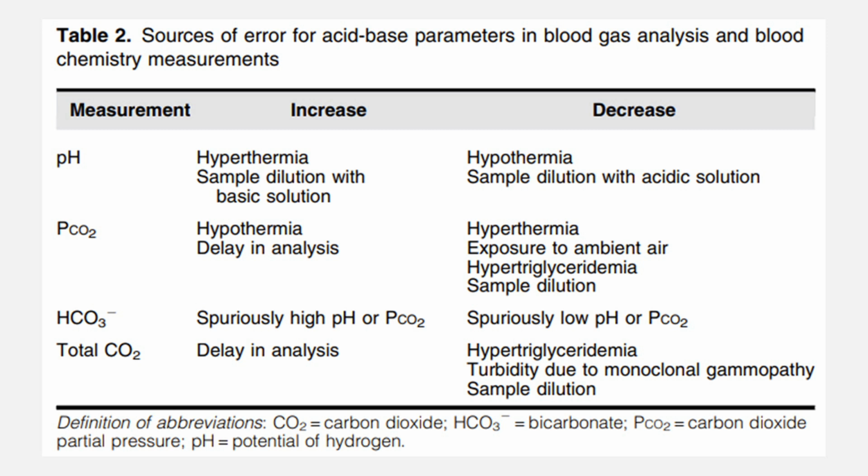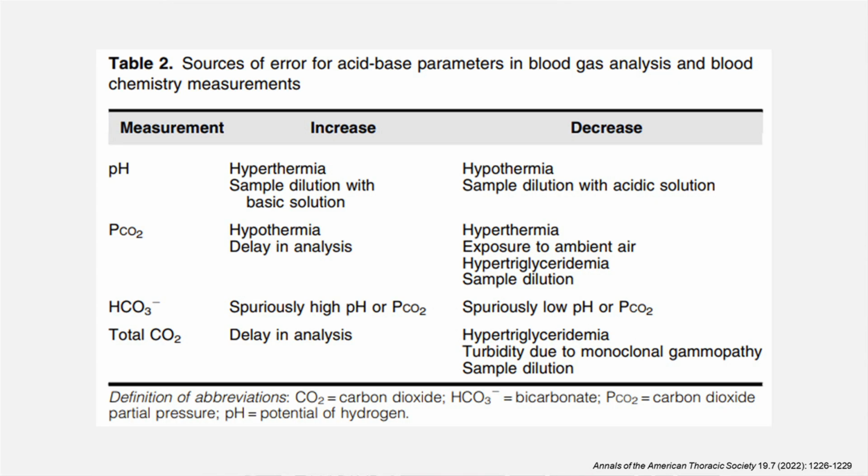And for bicarb, I'll get into this a little bit later too, but the other values, the pH and PCO2 being abnormal, can affect the bicarb calculation because you're using the Henderson-Hasselbalch to calculate it.